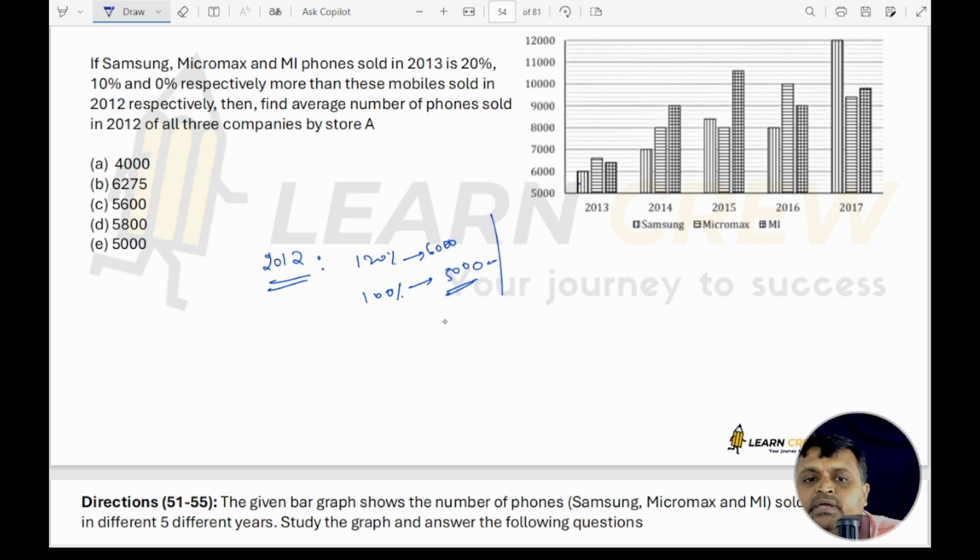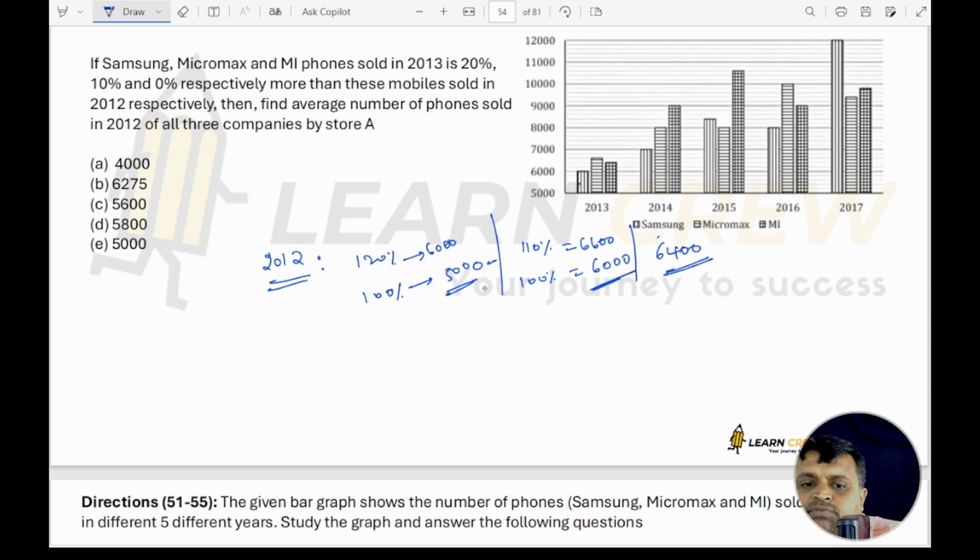That was Samsung. And what about the next one? It is 6,600, so it is the second one, 110%. 110% is 6,600, so 100% would be 6,000. Next, the third one, there is no change. Third one there is no change means you have how much? 6,400 for MI, 0%.